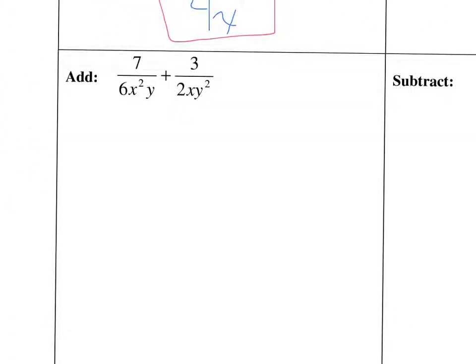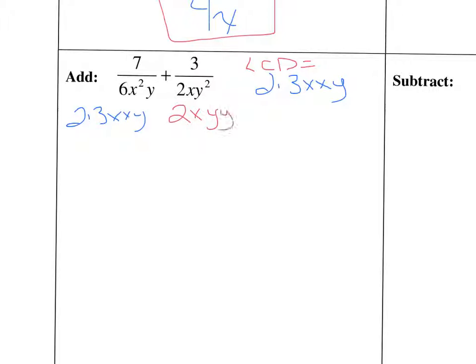On number 7 here, we've got 7 over 6x squared plus 3 over 2xy squared. So a common denominator. First, looking here, the prime factors here are 2, 3, x, x, y. Those all have to be in the common denominator. 2, 3, x, x, y. The prime factors here are 2, x, y, y.